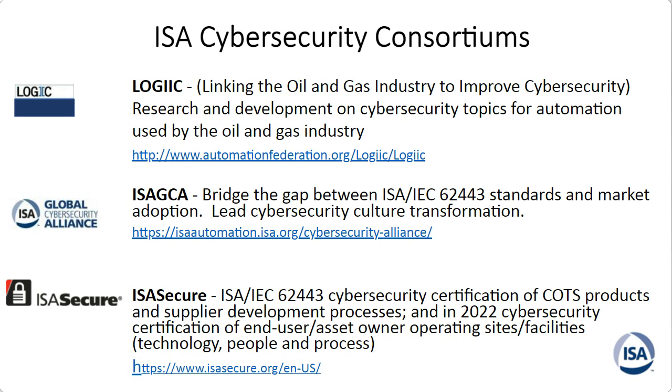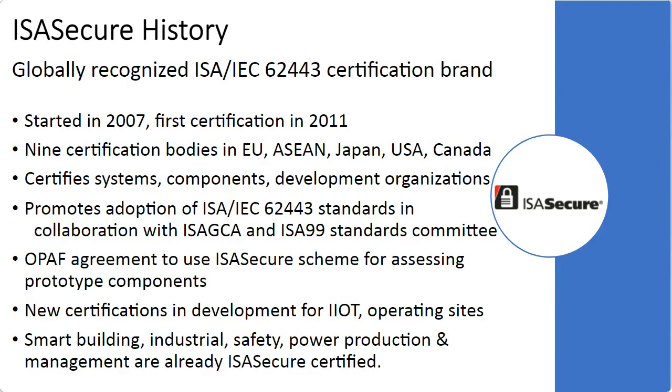Last year we did over 25 certifications. Some of them were process certifications for the product development process. Organizations having products certified include big companies like Emerson, Siemens, and Honeywell. You can go down the list. So again, there's some of the history on ISASecure.